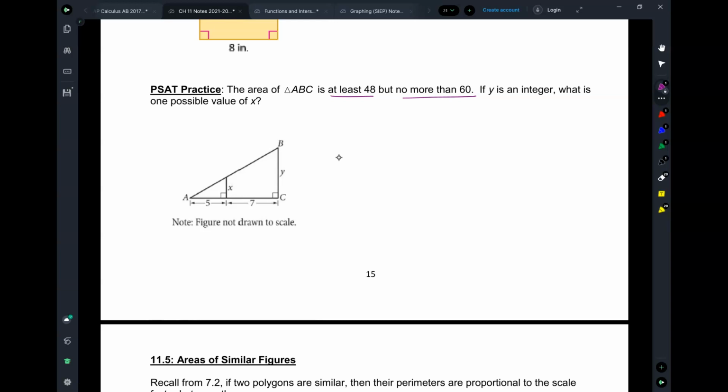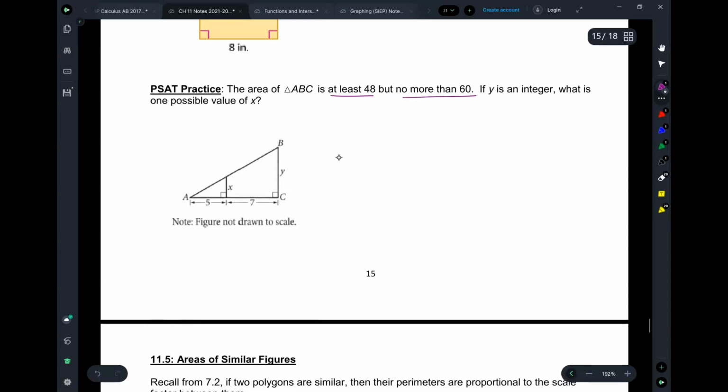It's 2 words actually. Parallel lines, but I'm thinking of something else, something triangles. Starts with a pro, ends with a portional. Proportional triangles is what should pop into your head, okay?